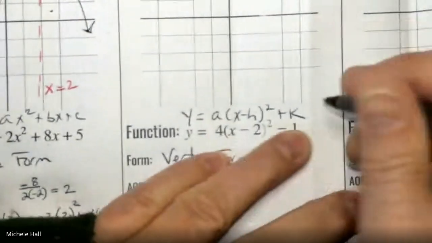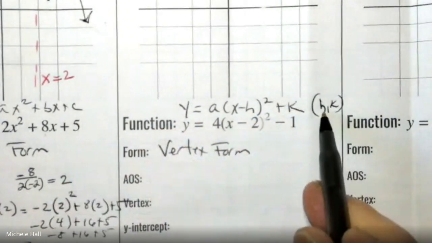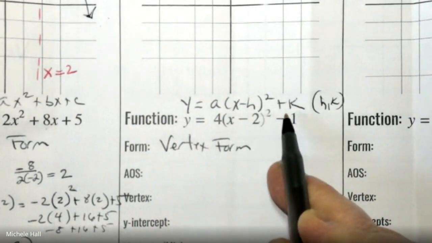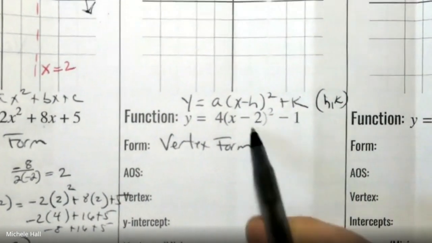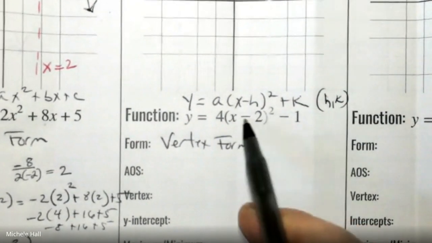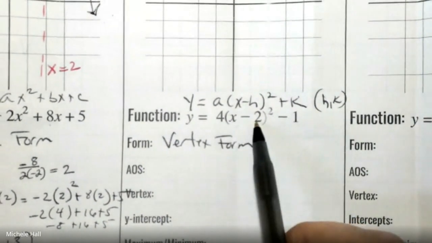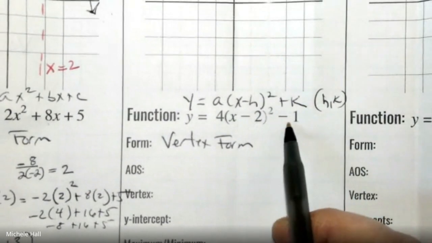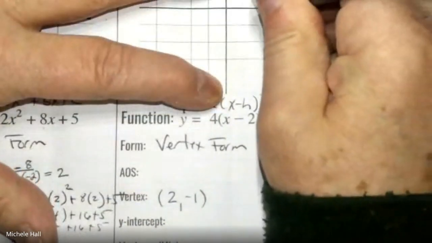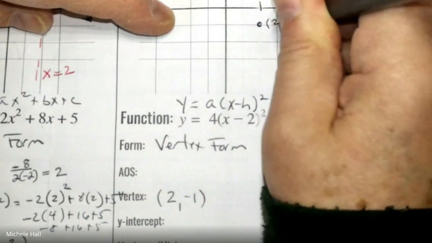So the vertex is at (h, k), not negative h. It's going to be the opposite of what h is, but it will be exactly what k is. So what is the vertex of this form? 2, -1. It will always be the opposite because of that negative sign in the formula. So the vertex is at 2, -1. I put my vertex and I label it as 2, -1.